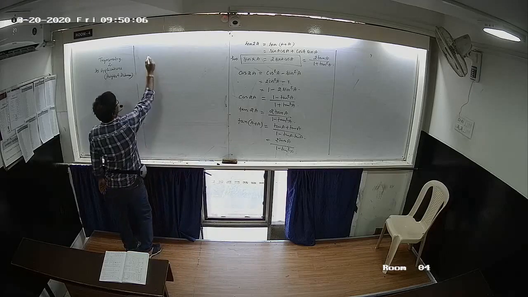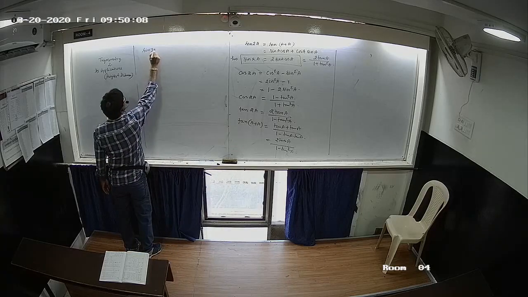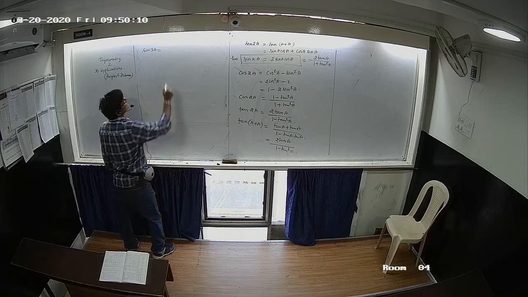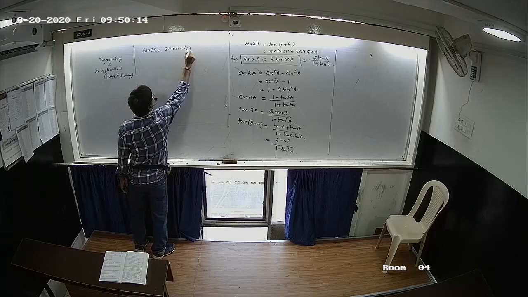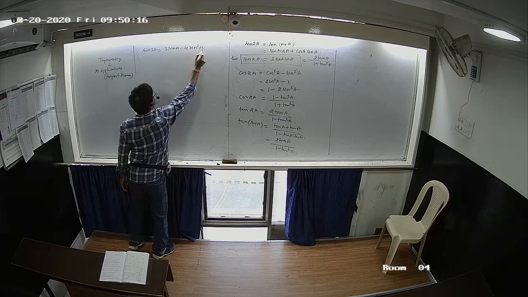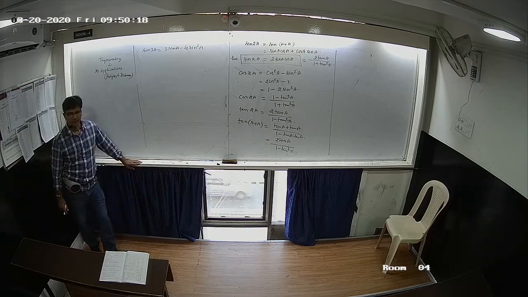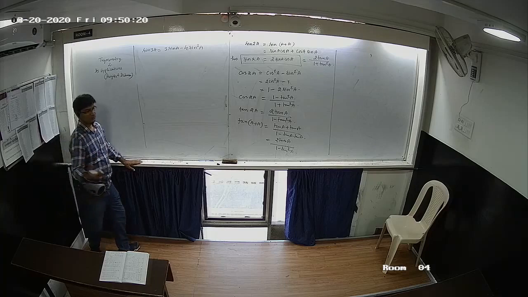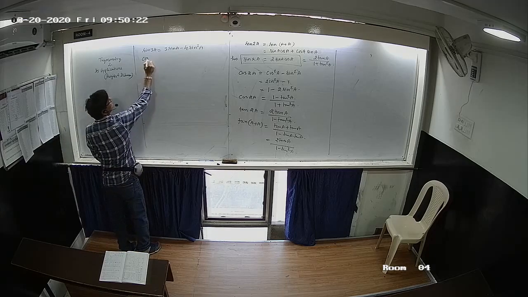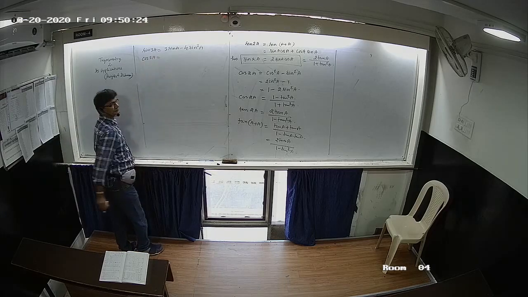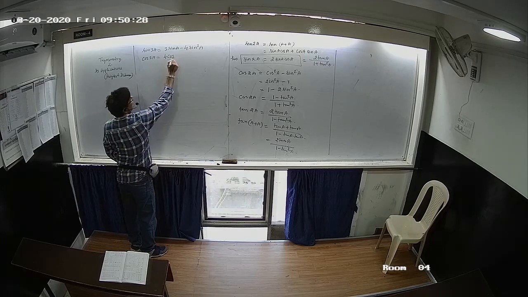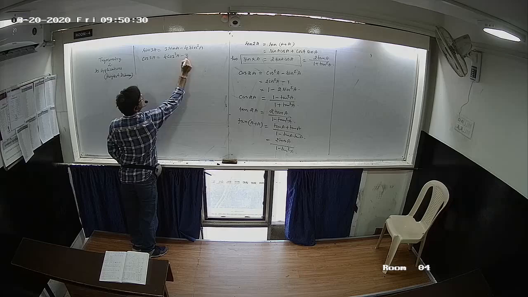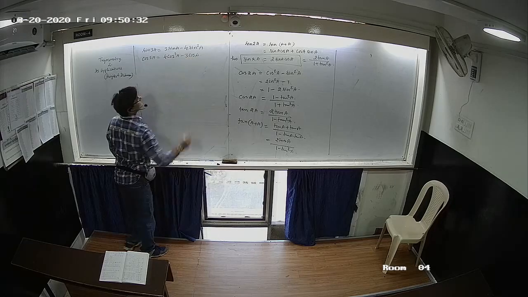The formula for sin 3a is equal to 3 sin a minus 4 sin cube a. If you remember, the formula for cos 3a will be 4 cos cube a minus 3 cos a.